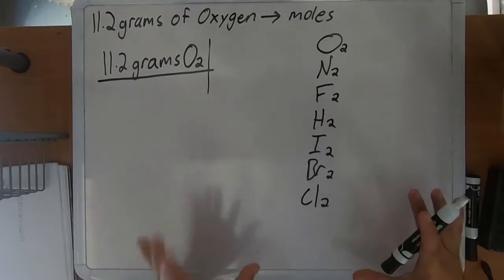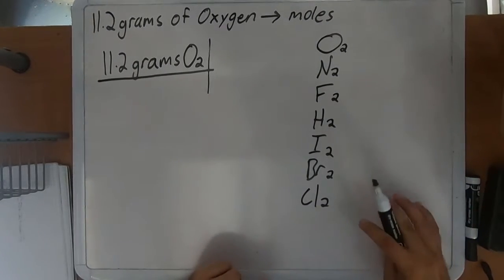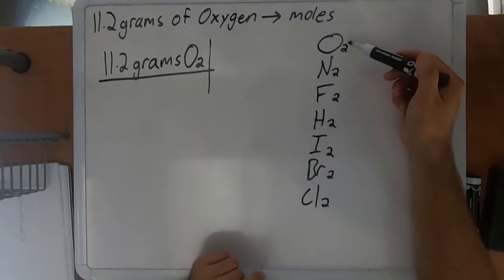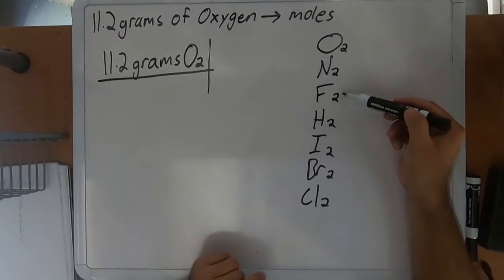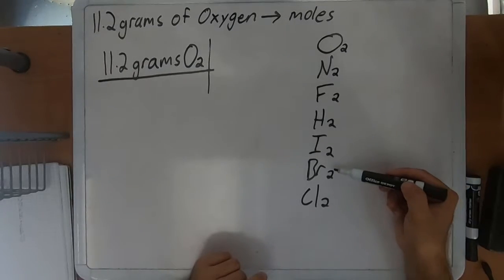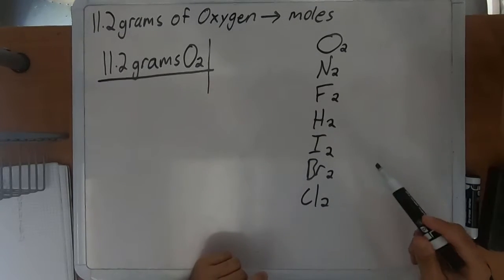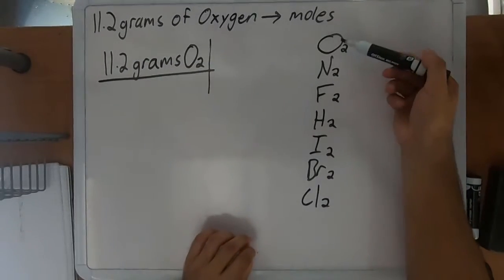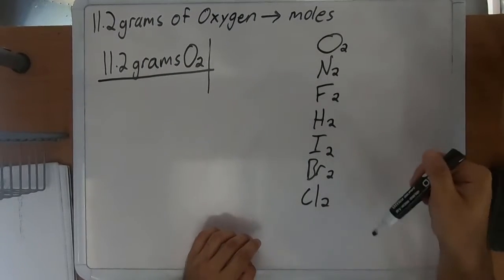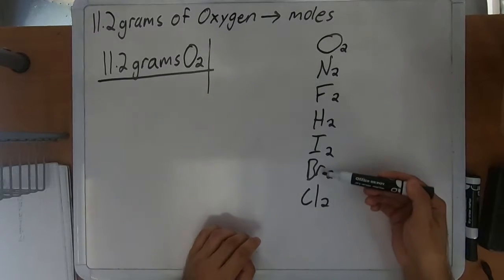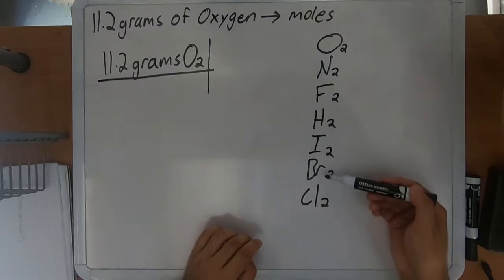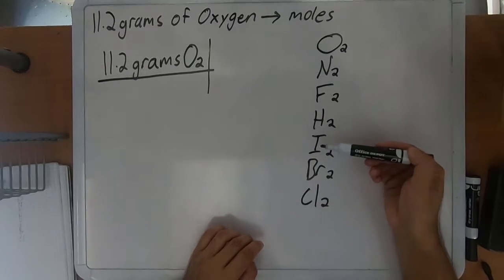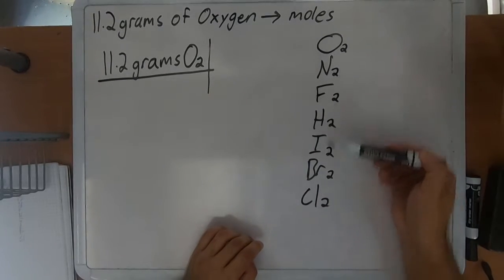So these elements are a little random, but I have a mnemonic device that helps me remember all of these. Ostriches never fly high in brown clouds. That's how I remember these elements. And if I write down just the first letter, or sometimes the first two letters for these last ones, I remember that it's oxygen, nitrogen, fluorine, hydrogen, iodine, bromine, chlorine.